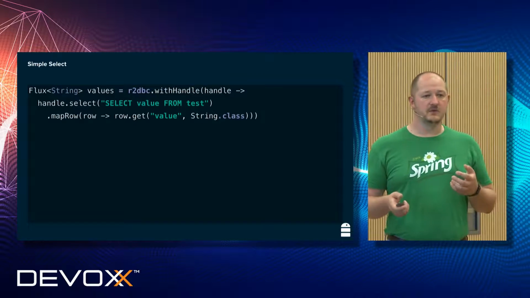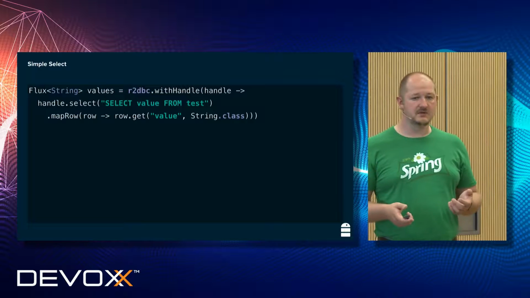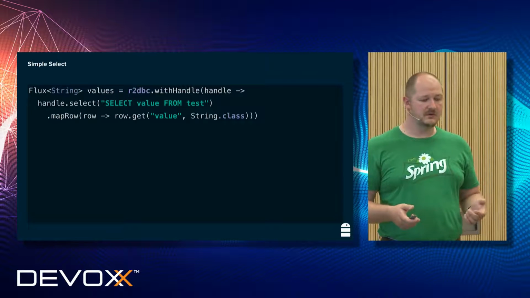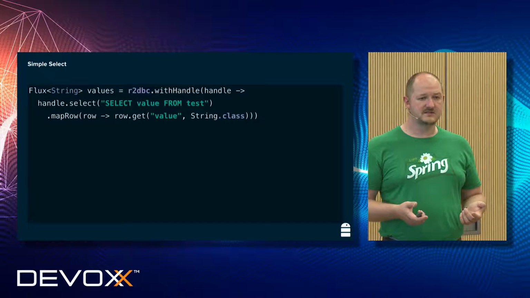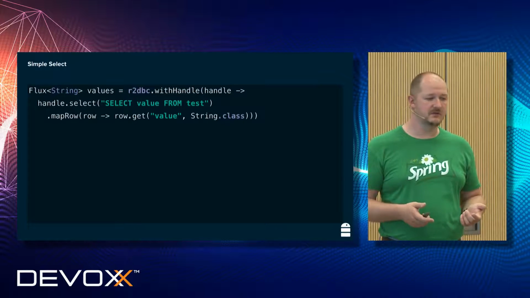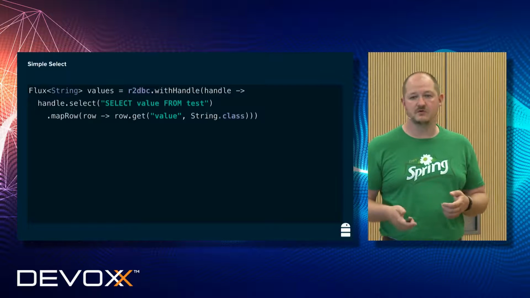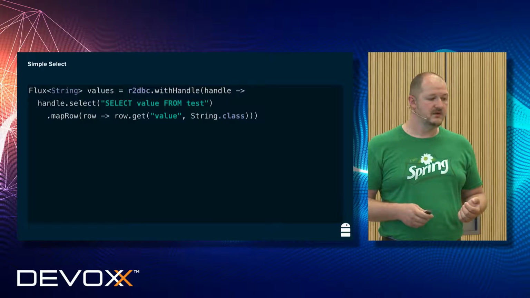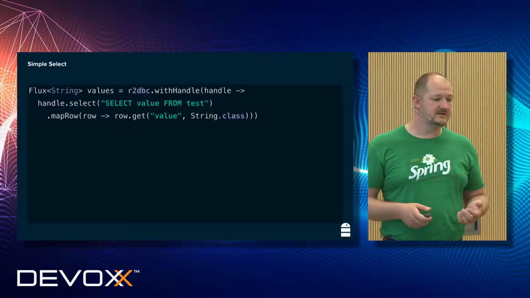Typically, when we do static SQL operations, where we know how the SQL is formatted, which values and which columns are going to come back, there's no need to deal with row metadata at all. So the only thing we do is consume that row, say this is a string that should come back, and we get in return a flux of values.